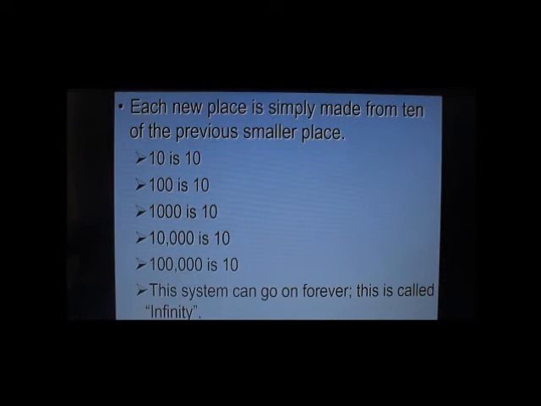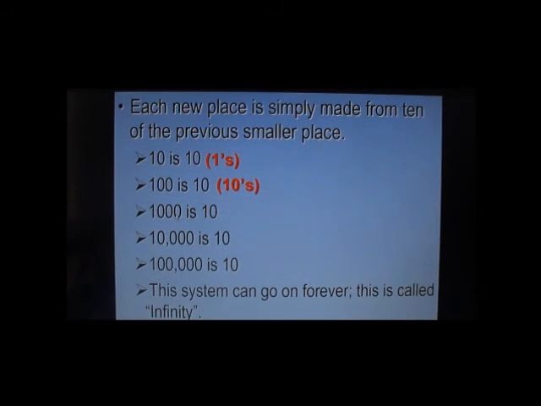So here is a breakdown of what we were just talking about in regard to places. 10, the group 10 in the tens place, is 10, do you remember? 10 ones, that's right. And 100 is 10, think about it, right, tens. 10 times 10 equals 100.